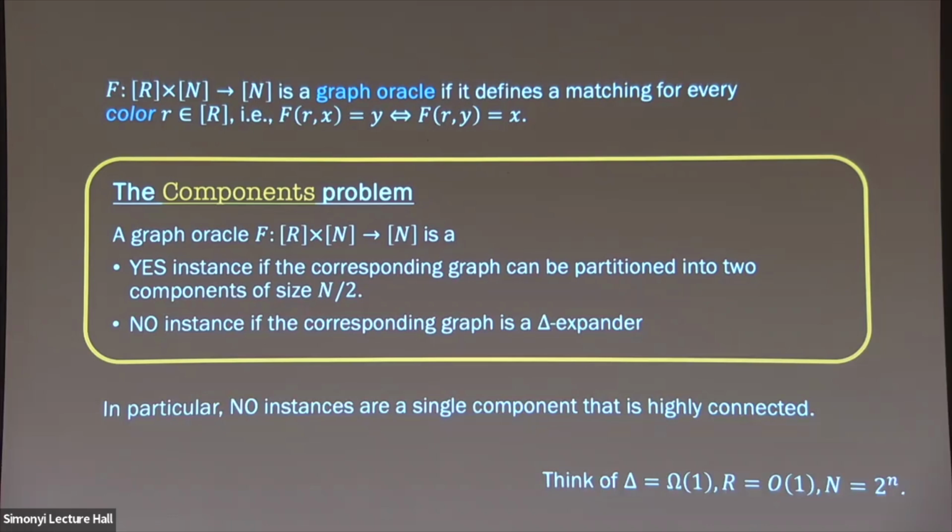Since it's an expander, it's a single component that's very highly connected. There's no way of dividing the graph into two without cutting many, many edges. We should think of delta as some constant, so the number of colors is also a constant, and the number of vertices is exponentially large in little n.